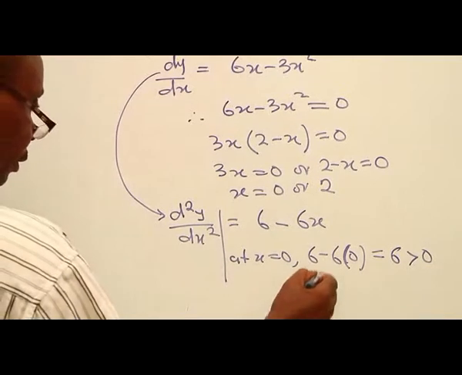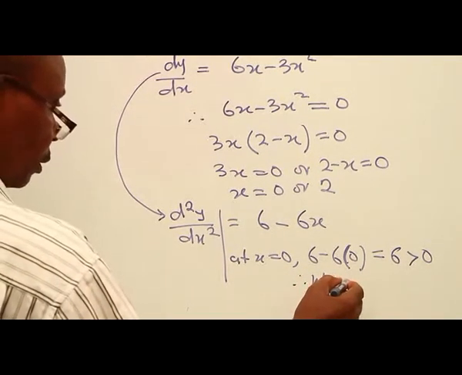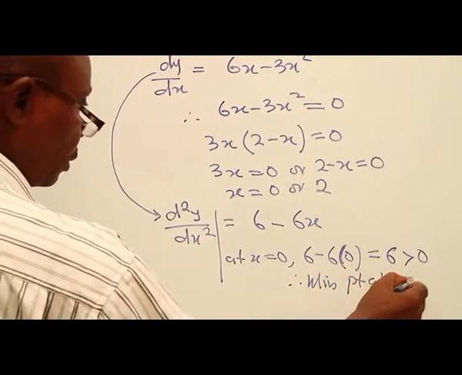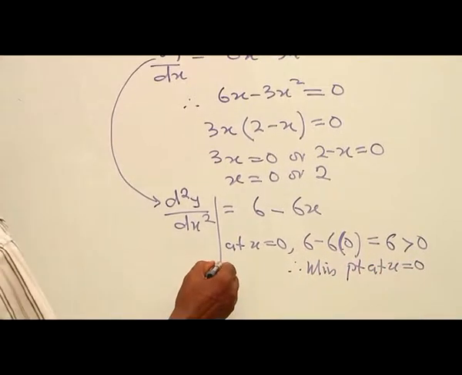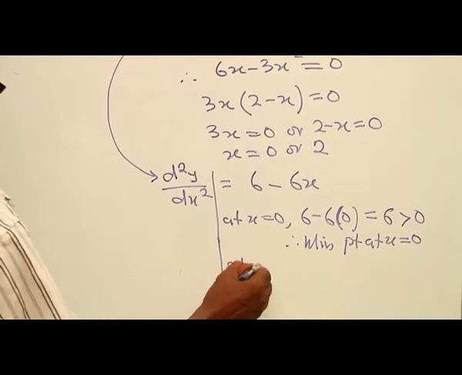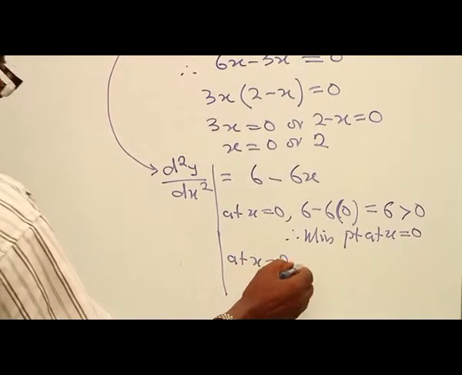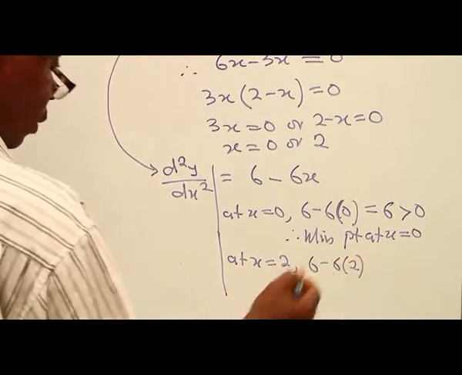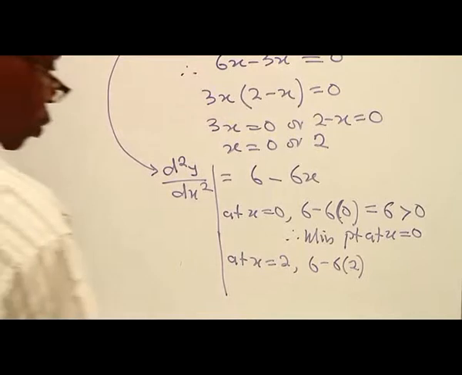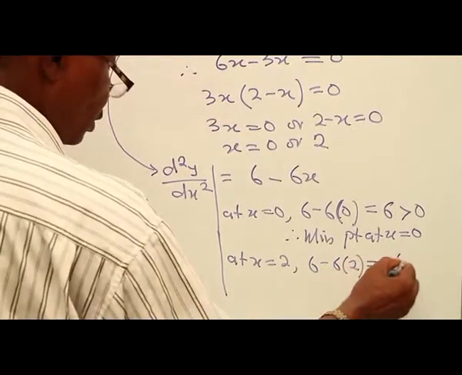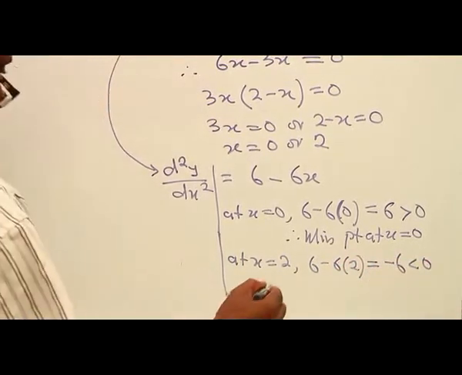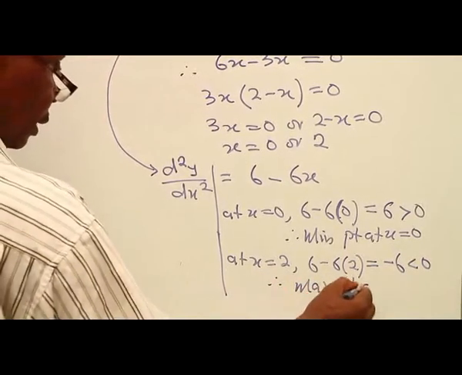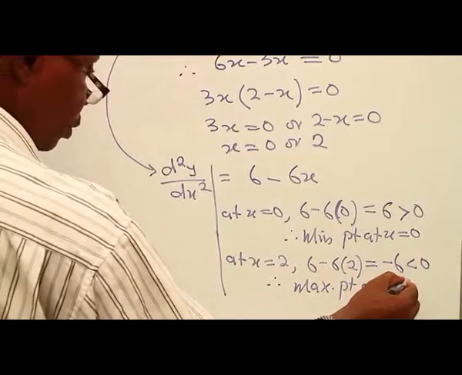Therefore, we have a minimum point at s equal to 0. We do the same thing at s equal to 2. We have 6 minus 6 times 2, which is 12, and 6 minus 12 is equal to minus 6. This is less than 0. Therefore, you have a maximum point at s equal to 2.